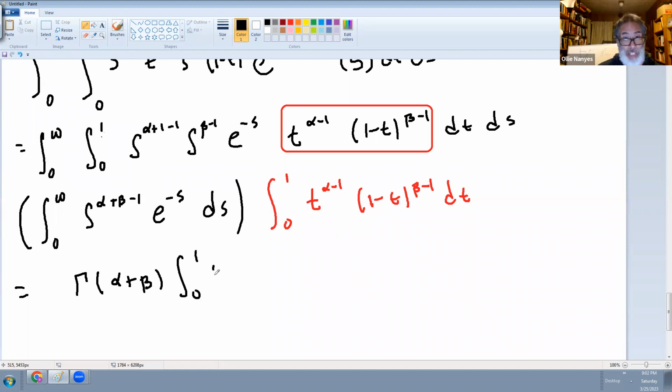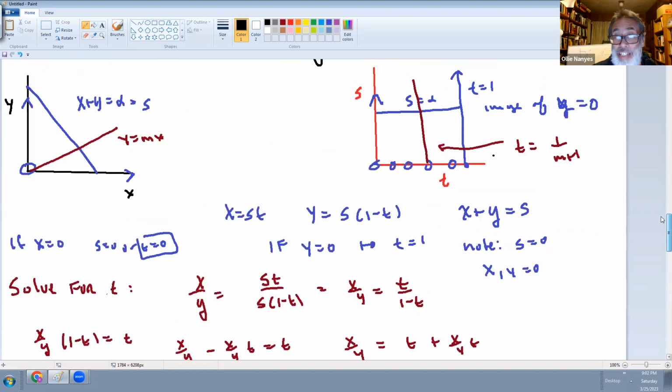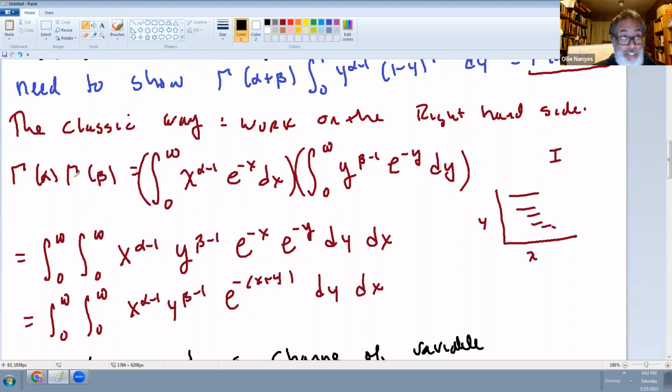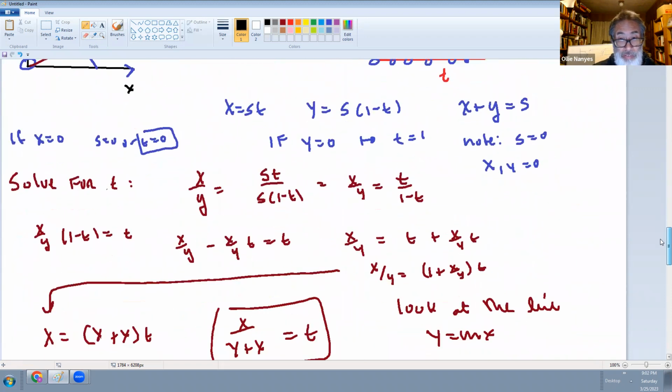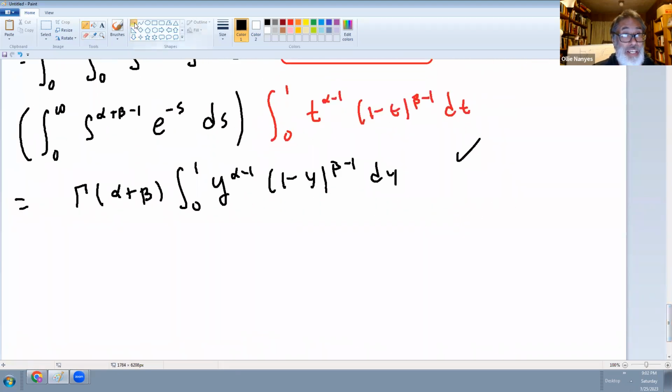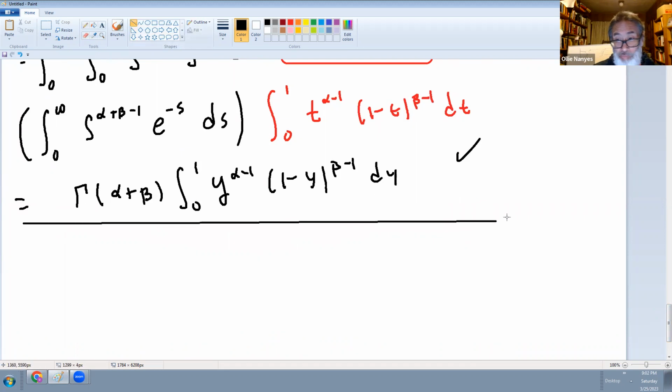And I'm just going to change back to the dummy variable. So our result is proved, because remember at the very beginning we started with this product of gamma alpha, gamma beta. So that is how you do the beta integral.